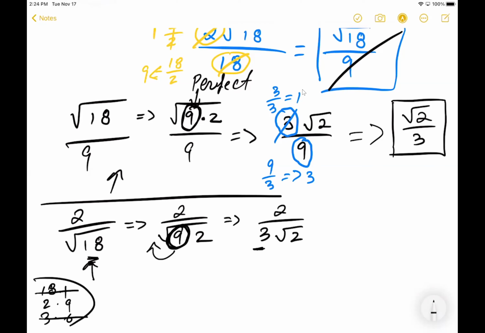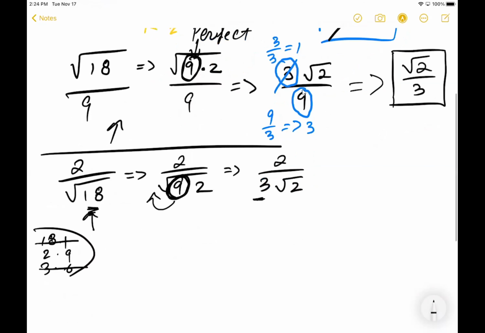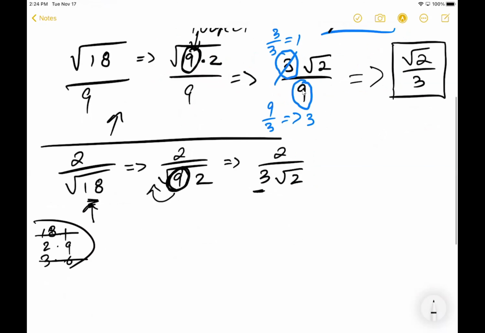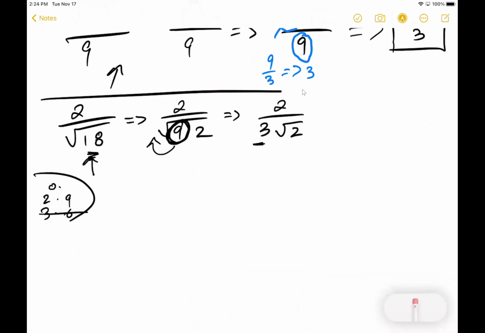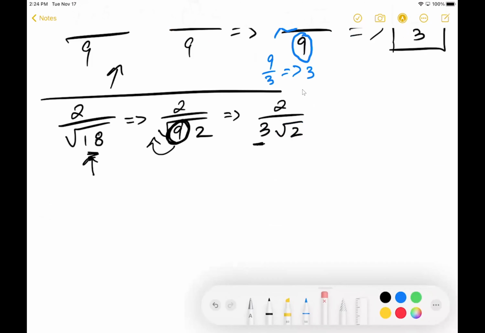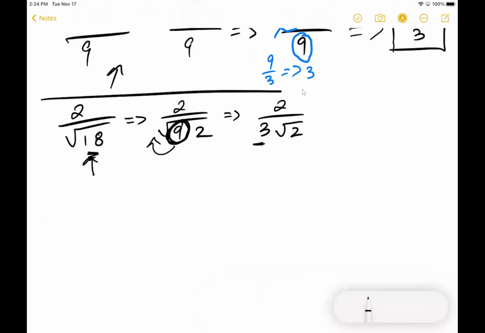So now let's focus on this new problem. This is the new problem I have, ladies and gentlemen, and you will see some problems like this, 2 over 3 square root of 2. Remember our objective.